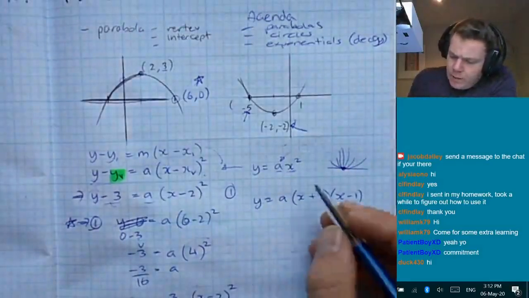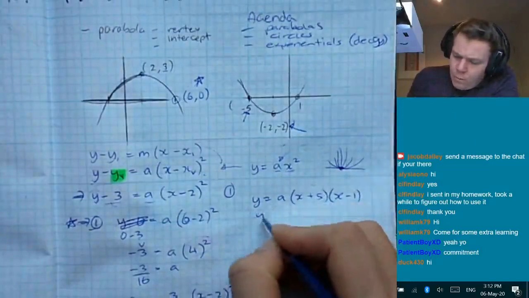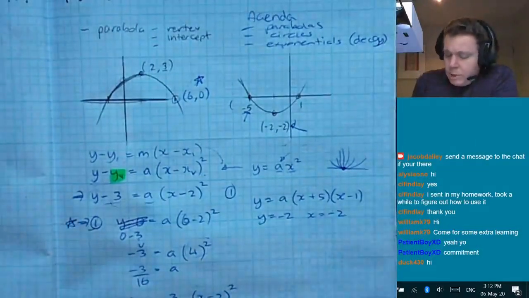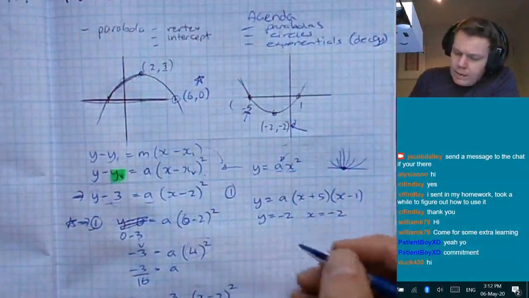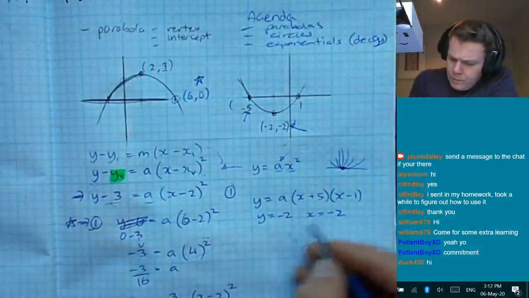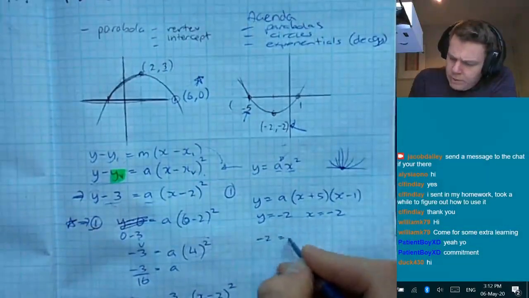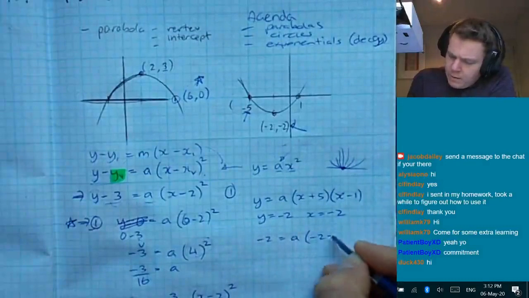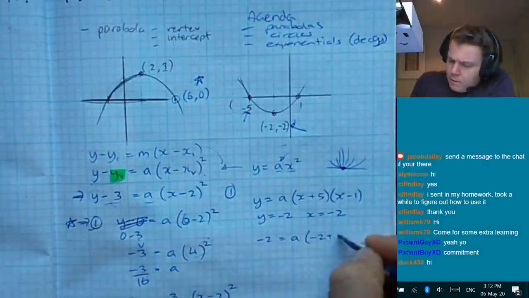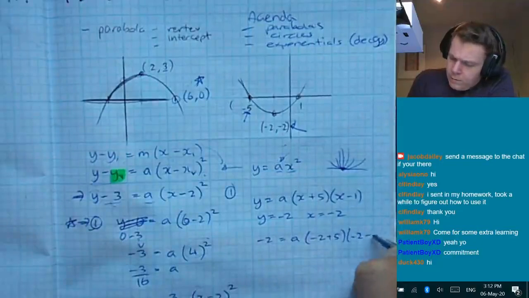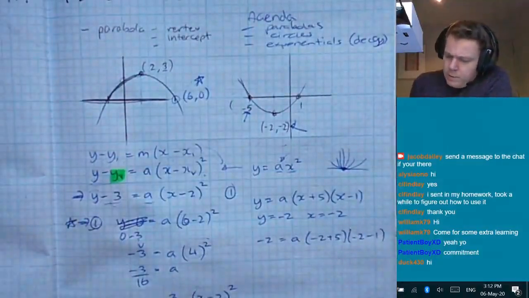So that's y equals negative 2, x equals negative 2, which is nice because you can't get them back to front. So negative 2 equals a times x plus 5 times negative 2 minus 1.